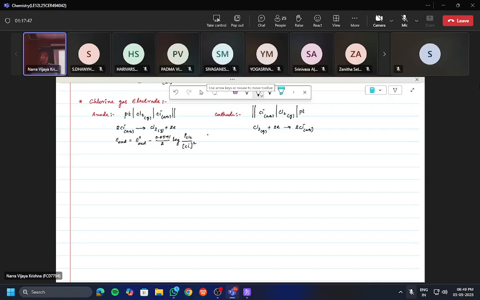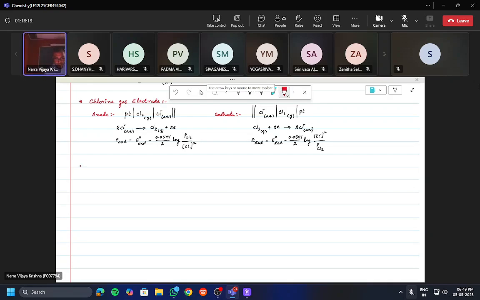Now here, E reduction equals E naught reduction minus 0.0591 upon 2 log of Cl minus square upon P of Cl2. Correct or not?